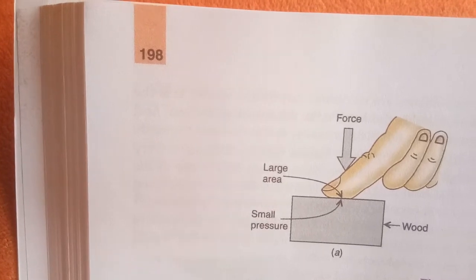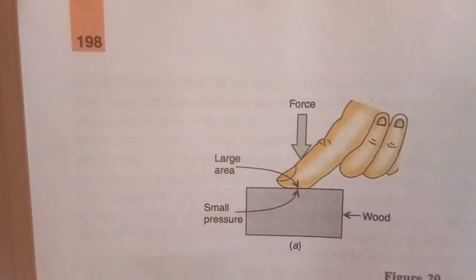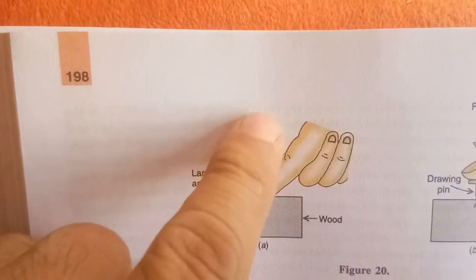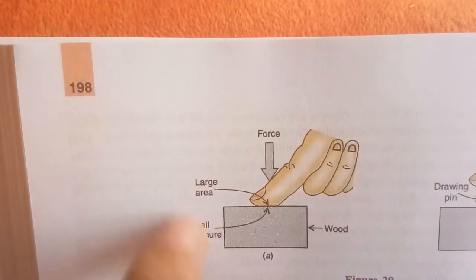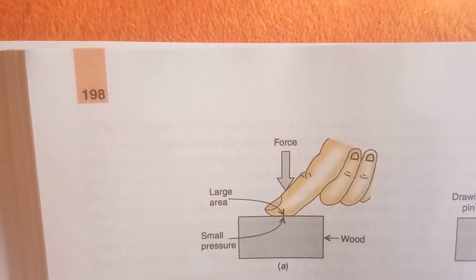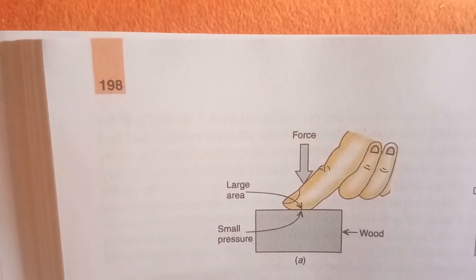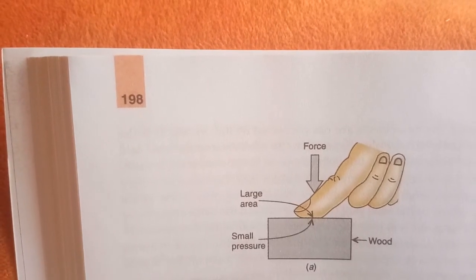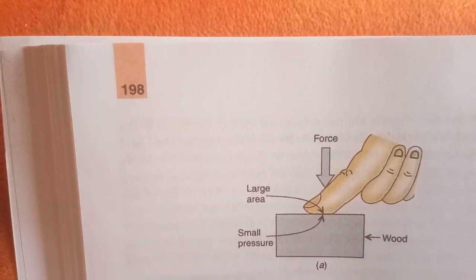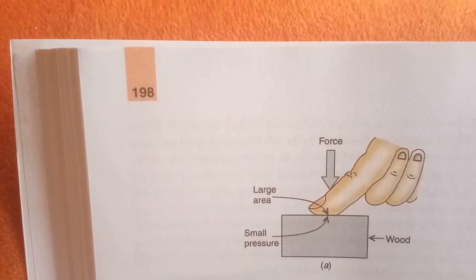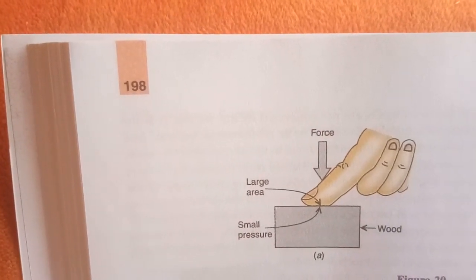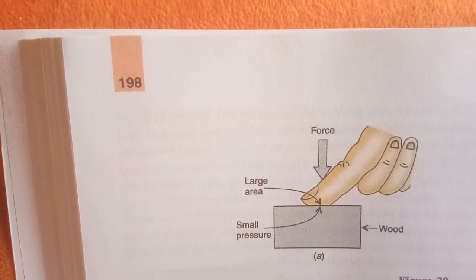Force applied and area. If the same force is acting on a large area, it produces smaller pressure. But if the same force acts over a small area of the object, it produces large pressure.